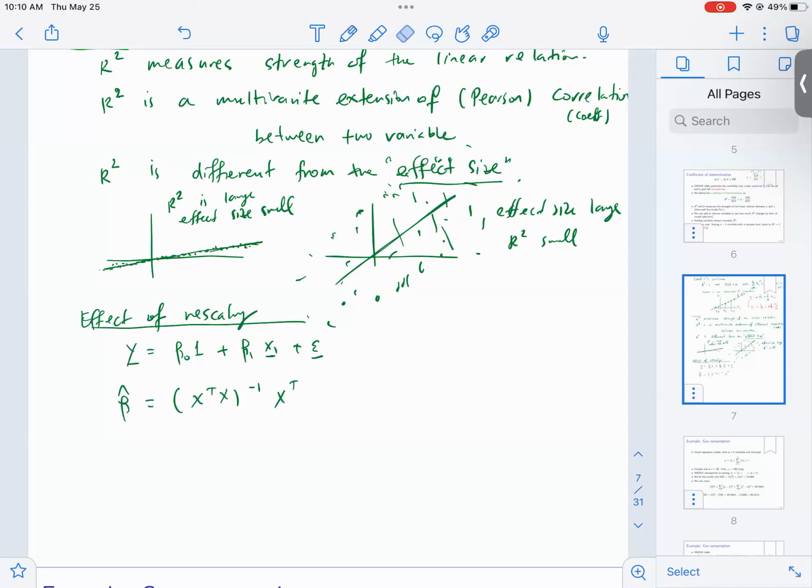Let's forget about beta 0. You can do it in general, but let's do a very simple case, the simplest case: beta 1 x1 plus epsilon. There's no intercept. So I would have beta hat 1 equal to what? The regression formula for this.